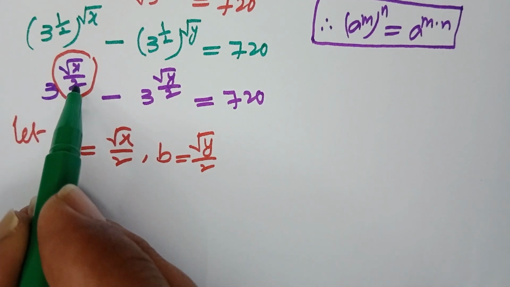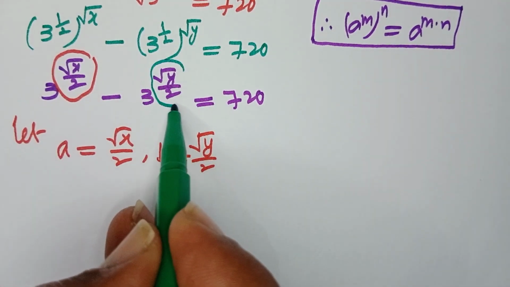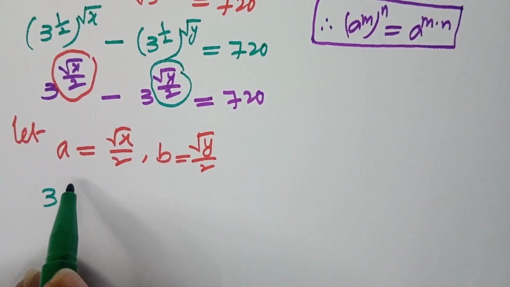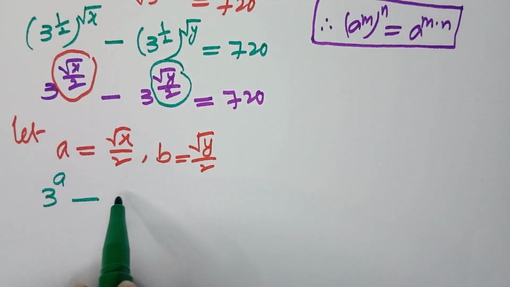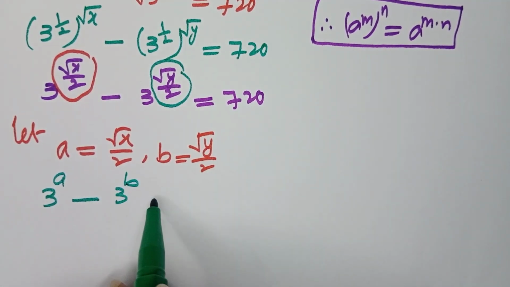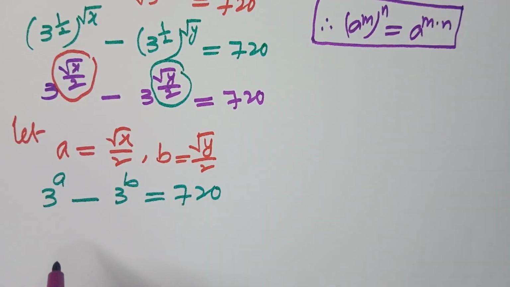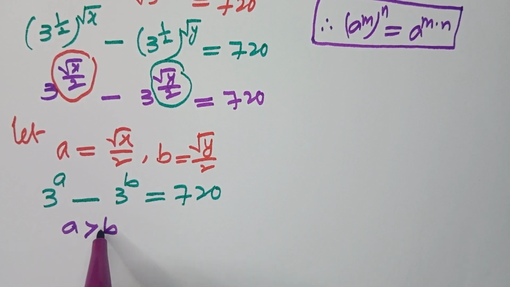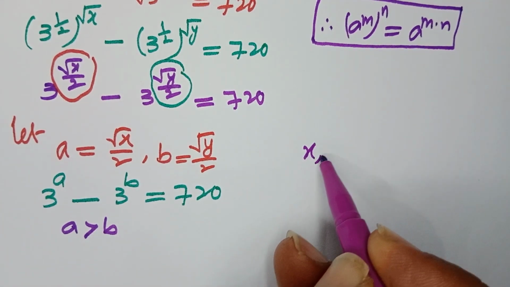Now replace this whole term by a and this whole term by b. So here 3 power a minus 3 power b is equal to 720. Here a must be greater than b because x and y belong to real numbers.